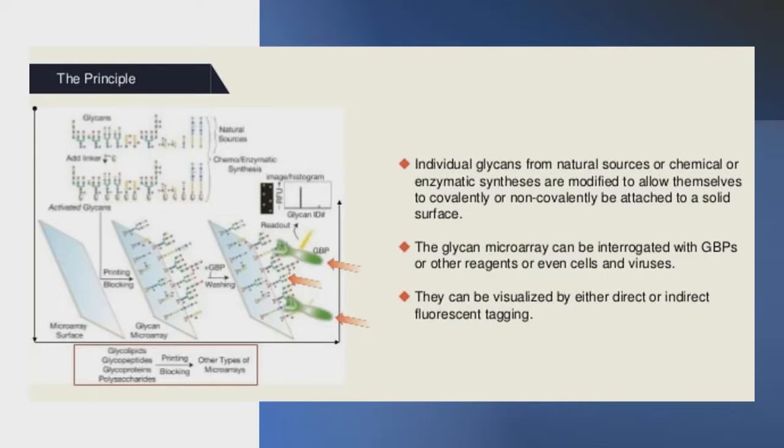Then quantification takes place on the Ultrabind membrane and scanning also occurs, which produces an analytical graph, and they can be visualized by direct or indirect fluorescent tagging.